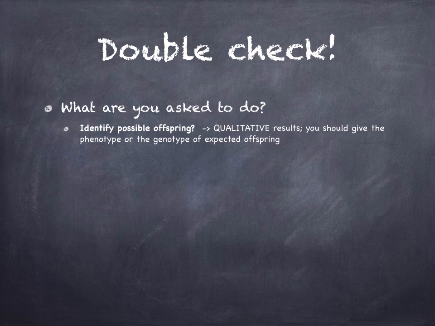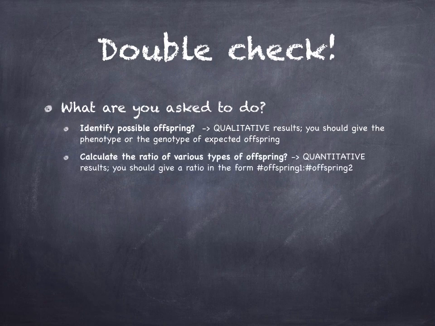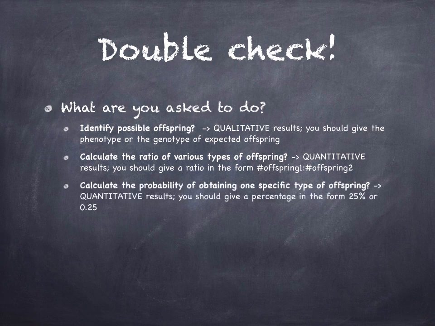So show the phenotypes and the genotypes. You don't need to give numbers. If in contrast you are asked to calculate the ratio, then you should give a ratio like we just said, and this one is quantitative. If you are asked to calculate the probability, then you need to give quantitative results again, so numbers, but you give them in the form of a percentage or a fraction.